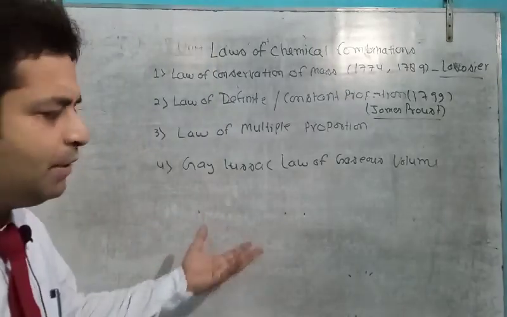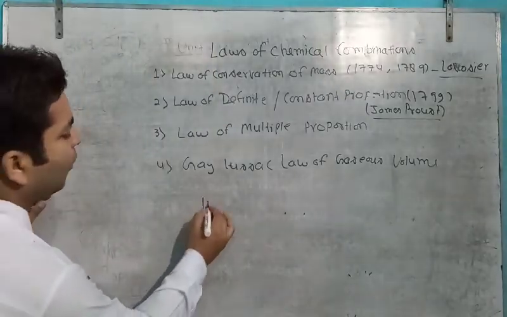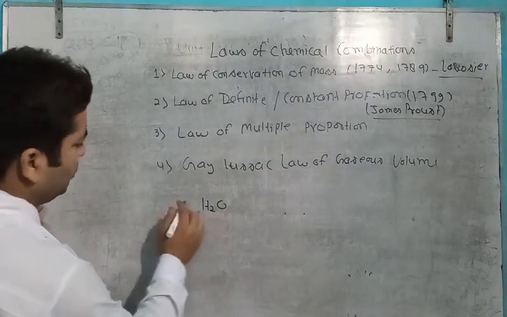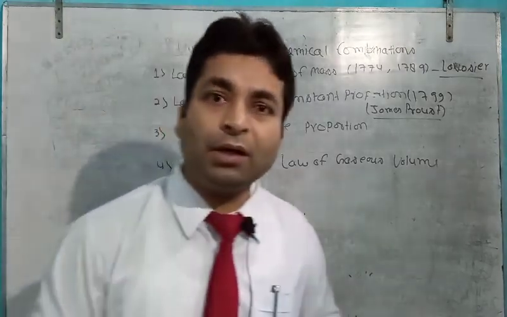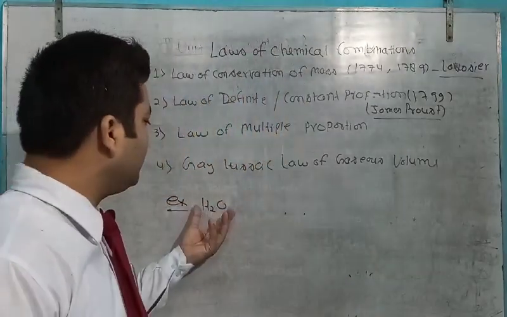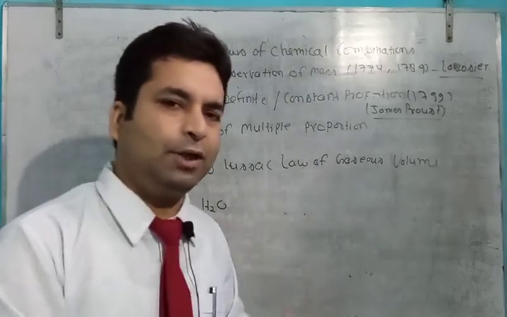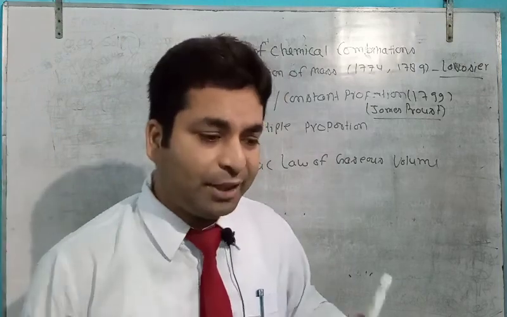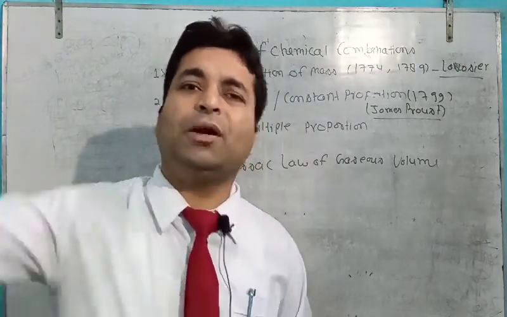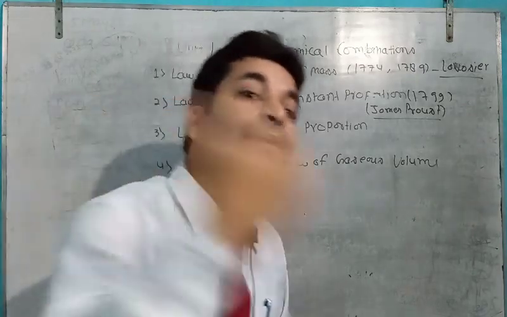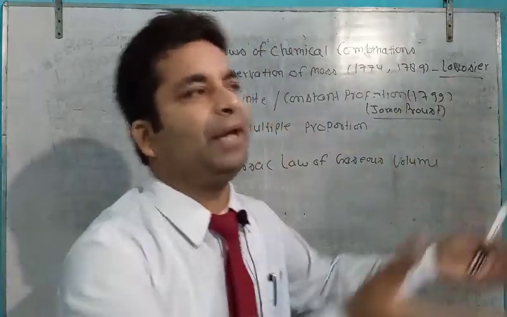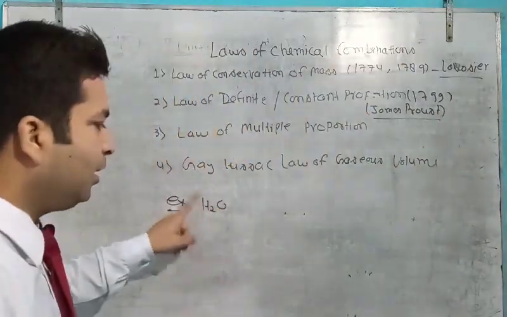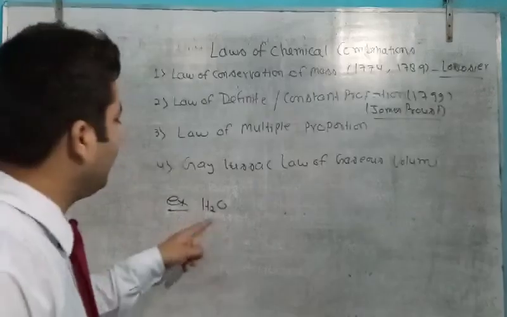Let's see it with an example. For example, suppose we take water. If you get water from America, India, France, Nigeria, Pakistan, or Norway, the source and place may be anywhere, but the chemical formula of water will always be the same, H2O.